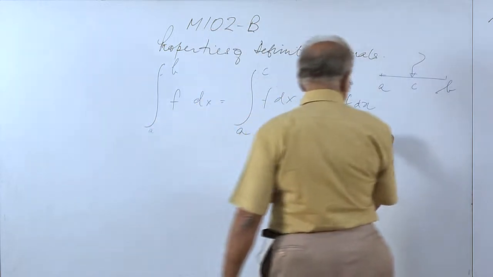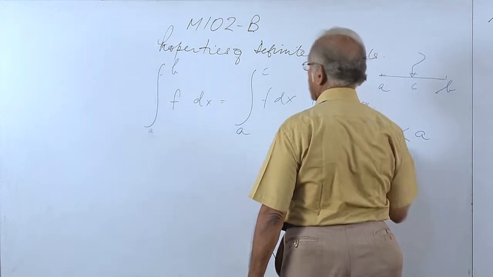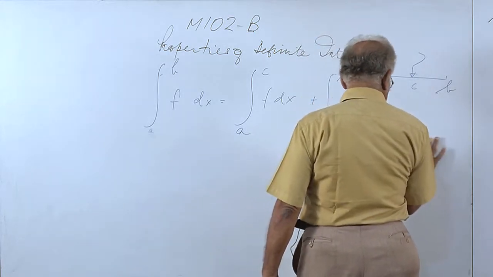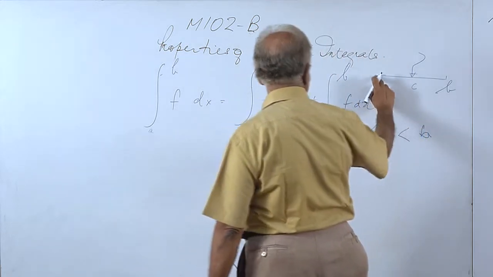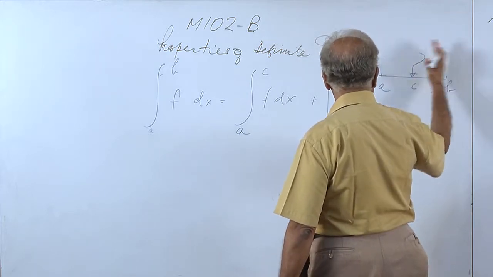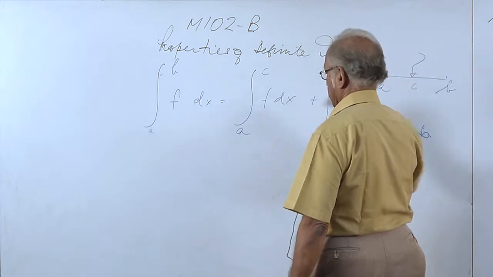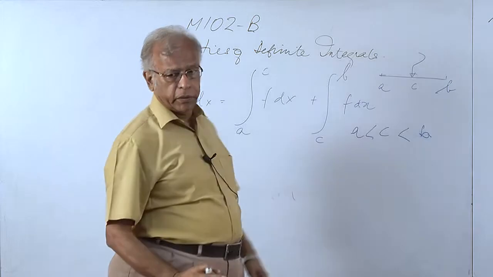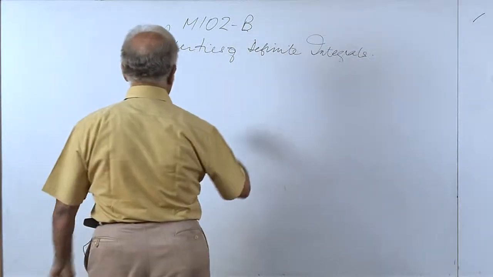In other words, c lies between a and b; c is more than a and less than b. c is any intermediary point. So if the function is integrable from a to b, it is the sum of the integrations from a to c and then from c to b. So this c can be chosen in a convenient manner, as we will see when we are doing problems.